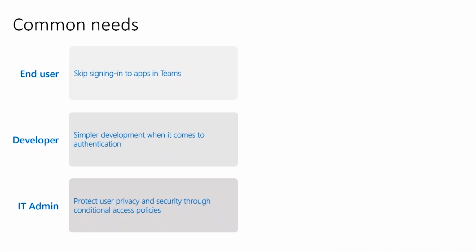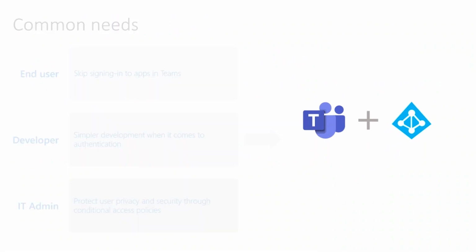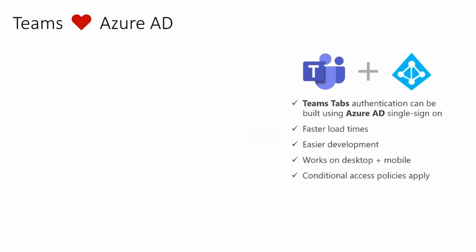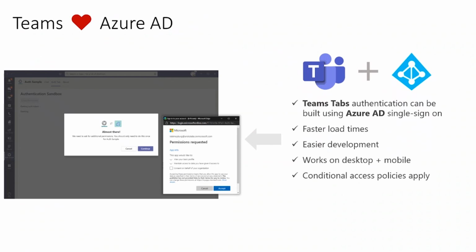Specifically, I'm talking about device-specific conditional access policies, such as if you have an application that you're building for Teams and you only want Intune enrolled or hybrid joined machines to be able to access that app inside of Teams, you can't do that today. So with SSO, we do actually support device-specific conditional access policies, and that should make a lot of IT administrators happy.